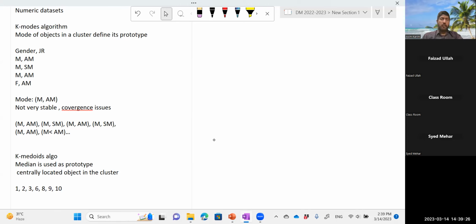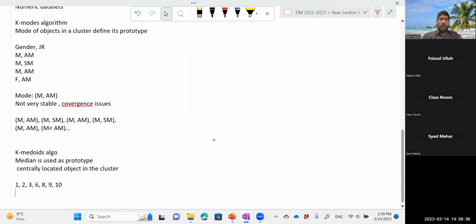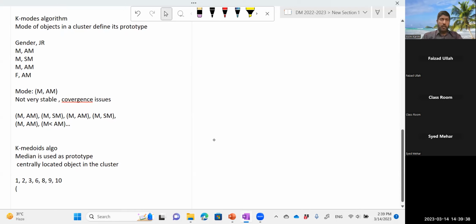So in this case 6 would be the median centrally located point, but this is numeric attribute and also 1D attribute. So if you have 2D, let's say आपके पास 2D points हैं, 1 और 2 है, और 2 और 1 है, और 3 और 2 है.